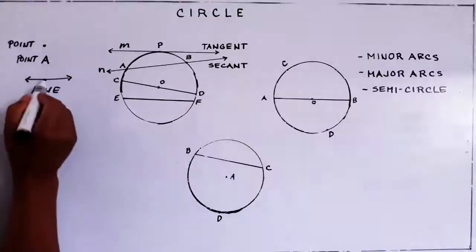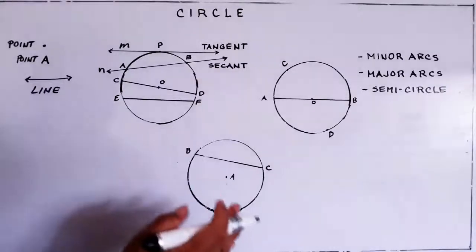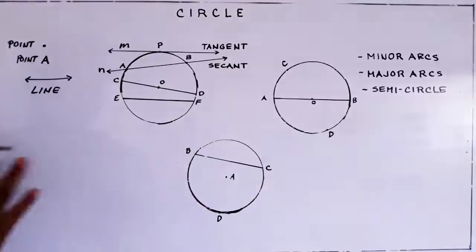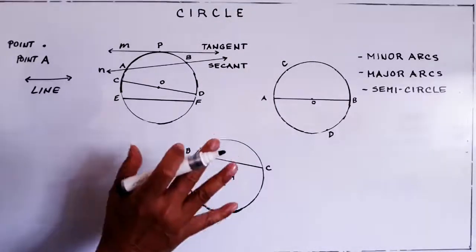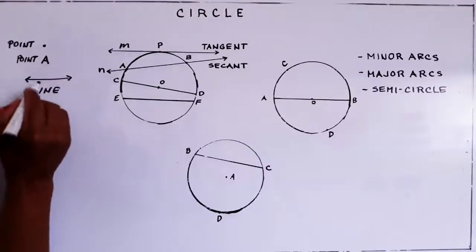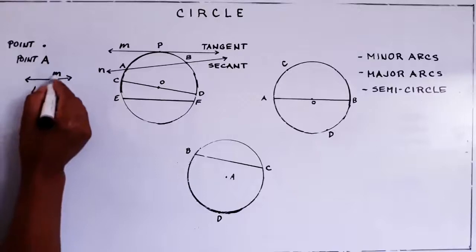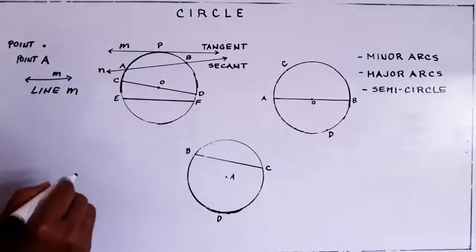What about the thickness and width of this line? A line doesn't have thickness or width, only length, and that length is indefinite. It means we cannot measure the total length of our line. That is our line. Now we can call our line by a single letter. We can have M only, that is the point. And if we have that M without a point, just put the word line to signify that that one is a line.